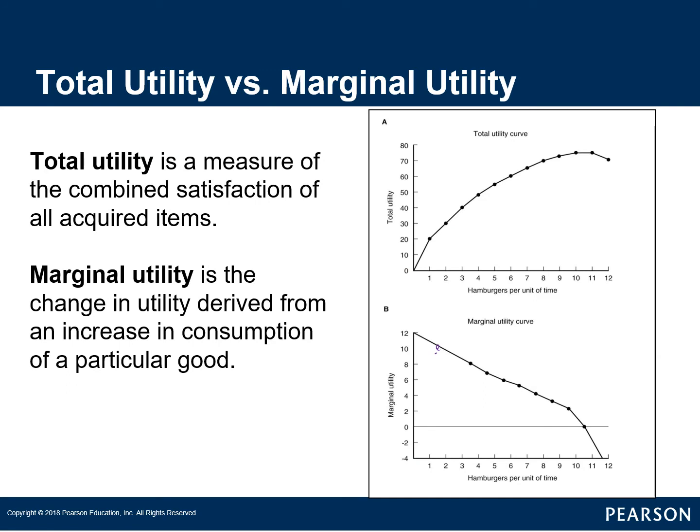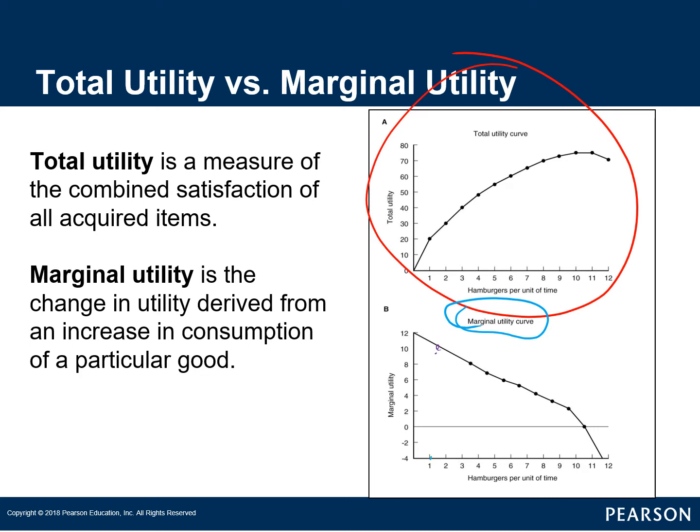Okay, so the previous slide showed us this top curve here. That was the total utility curve. This bottom curve is showing us the marginal utility curve. It is graphing out the increase in satisfaction from an additional hamburger at each point.